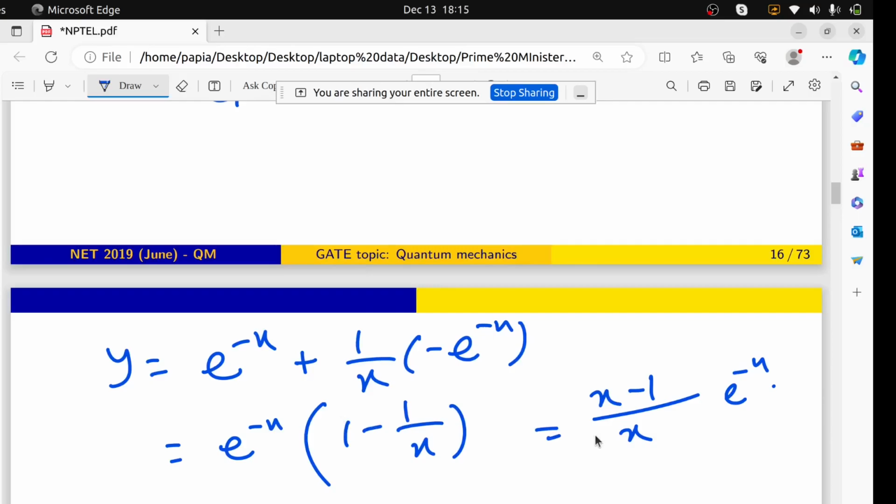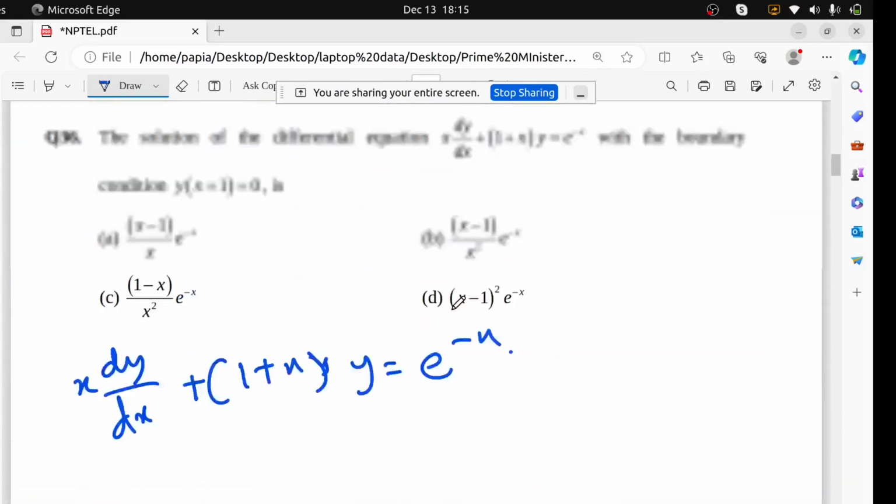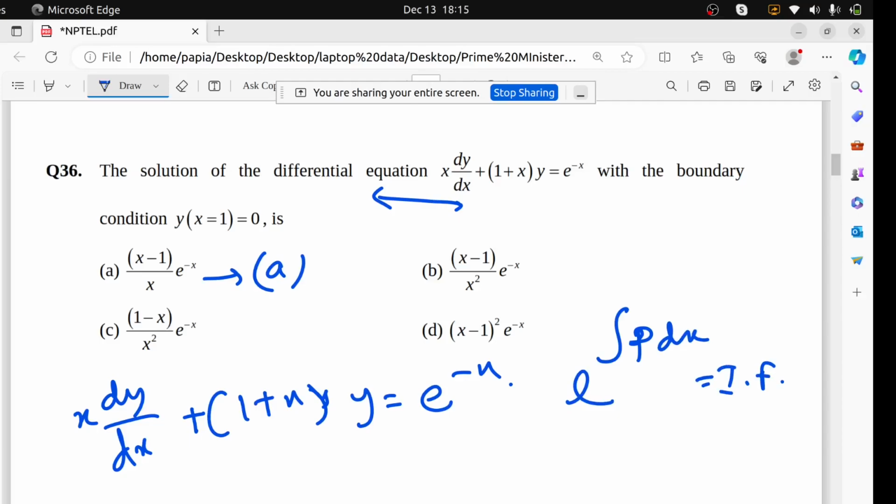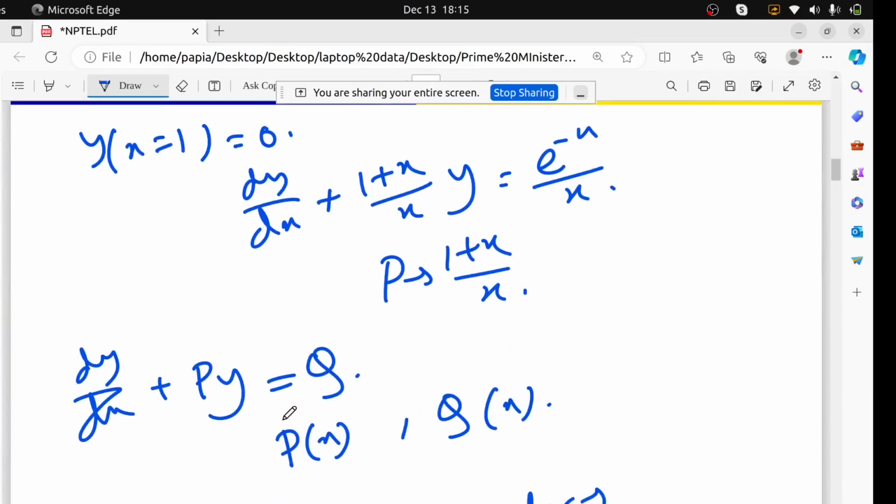Then what will be the option? (x minus 1) by x. Let me check this. (x minus 1) by x. Option A. Good. Because we just have to solve the differential equation using the integrating factor, multiply that, and we can get the value of y.